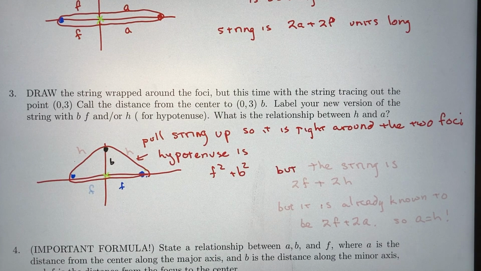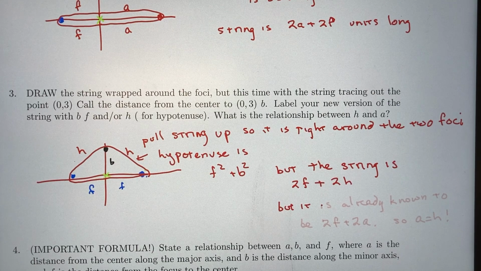But hypotenuse squared. If we have two copies of the hypotenuse going along and two copies of f, the string is 2f plus 2h, but we just said that it didn't change length.